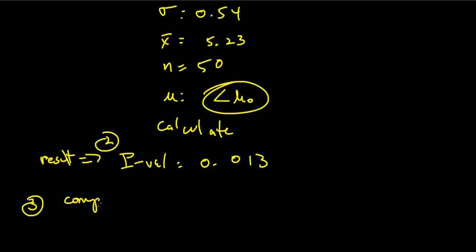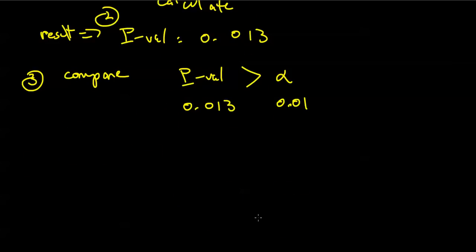Now it's easy. Now we compare the p-value to your alpha level. The p-value we computed is 0.013. The alpha level, let's see, did I write that down? Yes, it says use 0.01 significance level. Alright, so the p-value here is greater than alpha, larger than alpha, and again, large p-values suggest H0 is true.